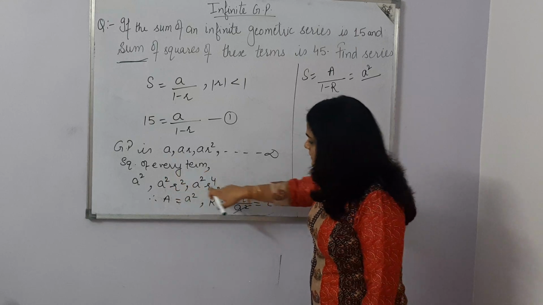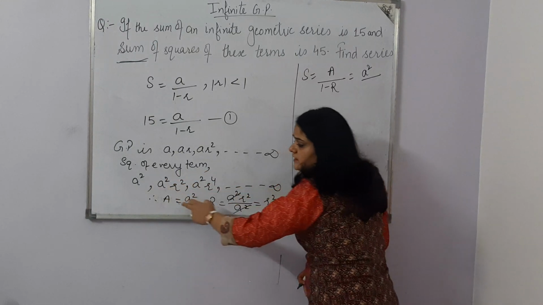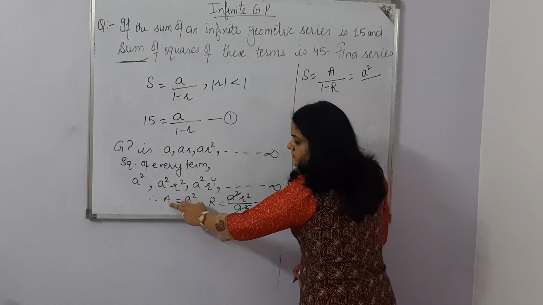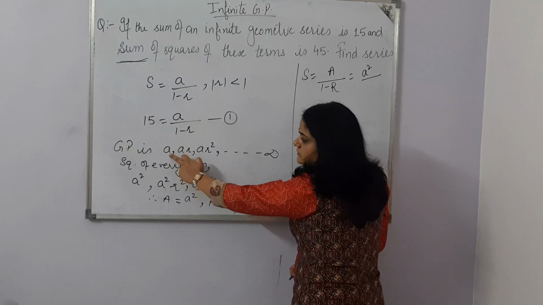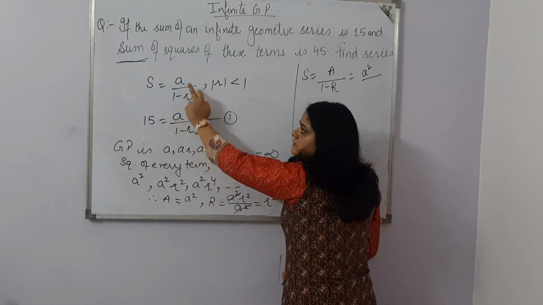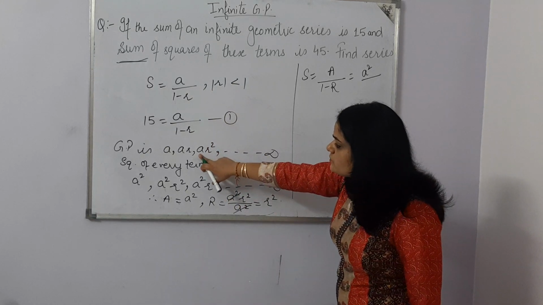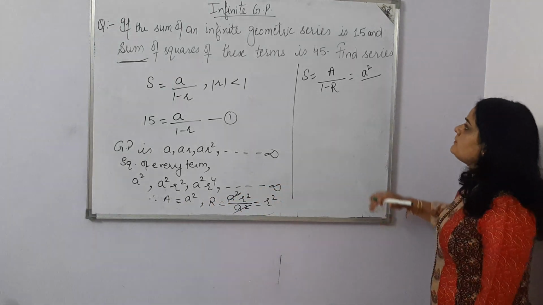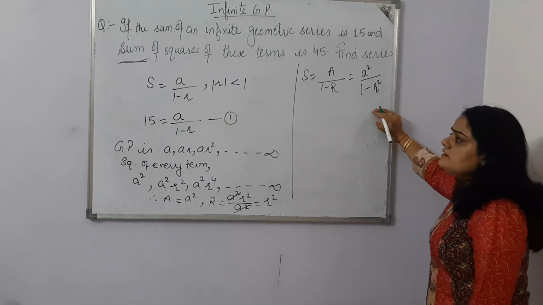After squaring each and every term, we are getting the new sequence. Here the first term is capital A, but for the original sequence the first term is small a, and the common ratio is small r, but here the common ratio I have taken is capital R. So what is capital R here? It is r square.